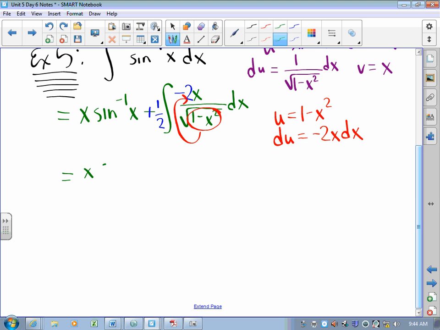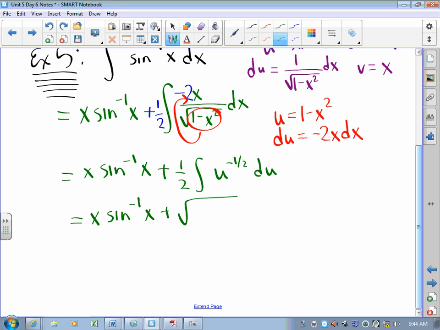We end up with x inverse sine of x plus 1/2 integral of u to the -1/2 du. And that, let's see, antiderivative of u to the -1/2 is u to the +1/2 divided by 1/2. That's just square root of u plus a constant.